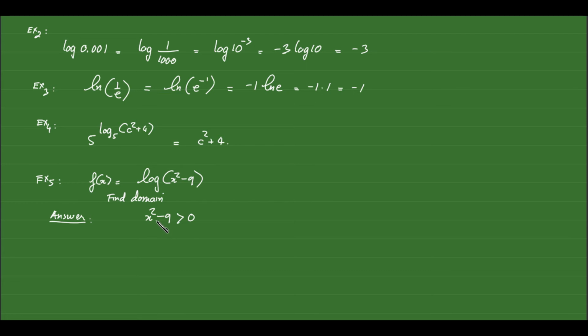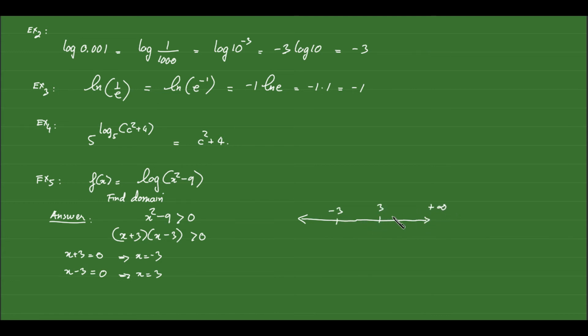So you have to use the sign table. But before we can use the sign table, we have to go ahead and factor everything like that. Then I'm going to put the values over here, so I'm going to solve for 2 values. For these two values, x equals -3 and x equals 3, I'm going to put these two values on the number line. Remember, there are three intervals.